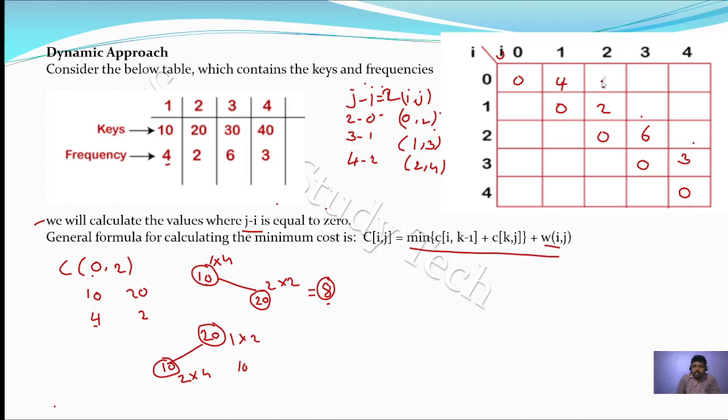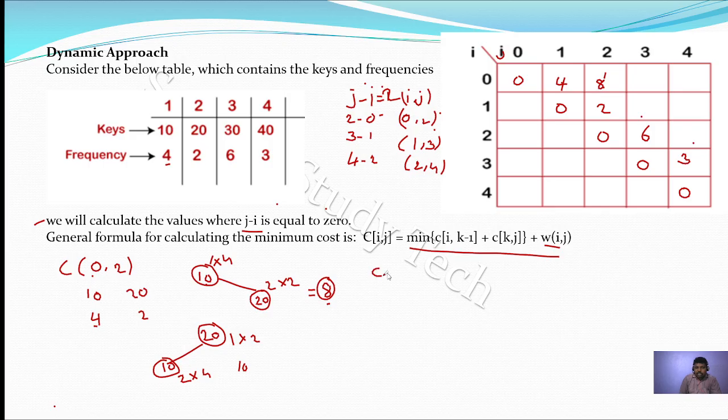So C of 0 comma 2 is 8. Which key do you take as the root node? That is the minimum one. Here it is the first key. So note down here 8, 1. So 1, the first key, is the root node.